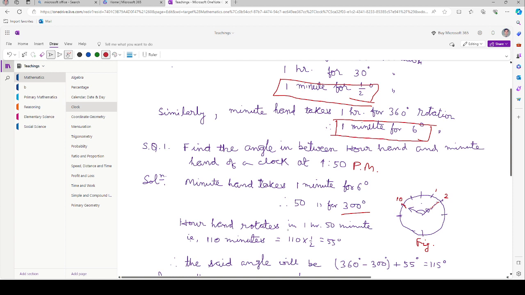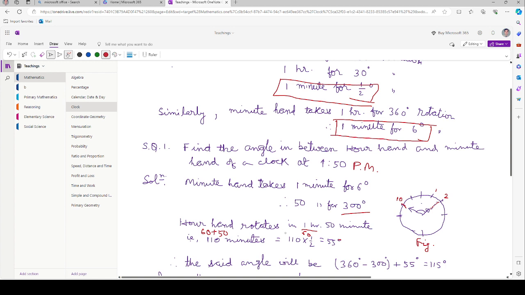And hour hand rotates in 1 hour 50 minutes, that is 110 minutes, equals 110 into half, that is 55 degrees. We know that 1 hour equals how many minutes? 60 minutes. 60 plus 50, 110 minutes equals 1 hour 50 minutes.